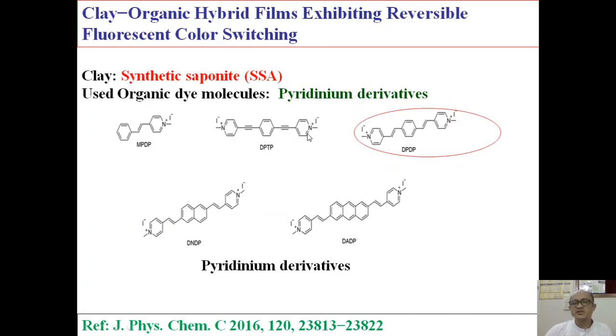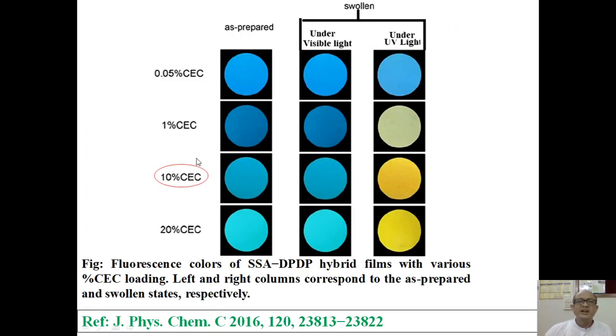Here is one example. We have studied a pyridinium derivative, the structure is like that, and we prepared the films using the self-standing system. The interesting thing is that you can see the images. This line shows the images taken for organo-clay hybrid films prepared at different concentrations just after preparation, and in this line we put some DMSO in the film and then took images.